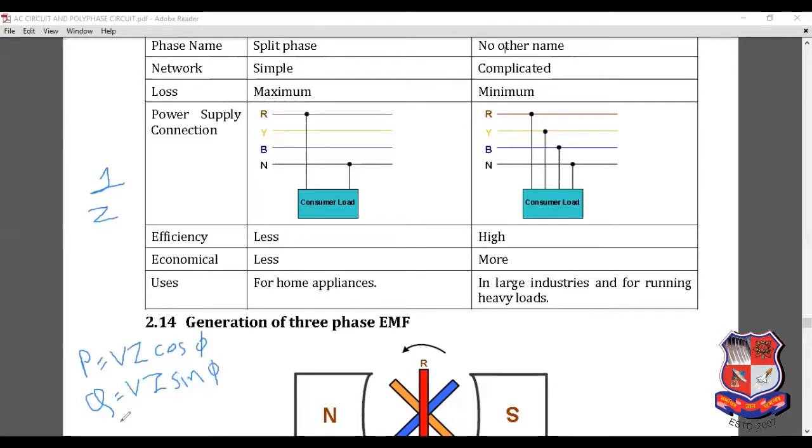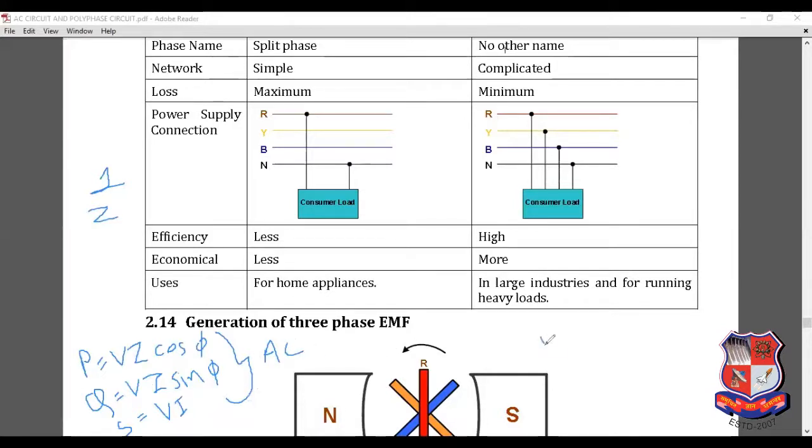The last is the apparent power. It is denoted by capital S, and it is nothing but the product of voltage and current. So in case of AC, we are getting all these three powers.